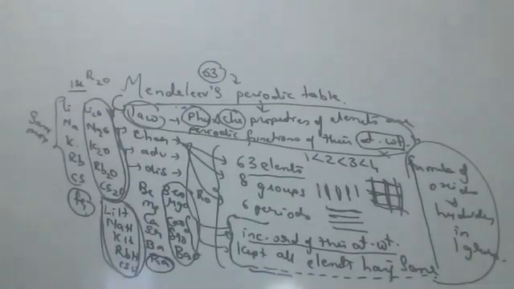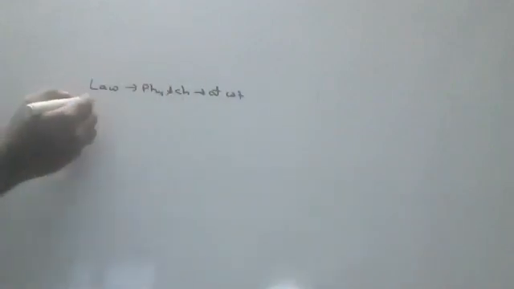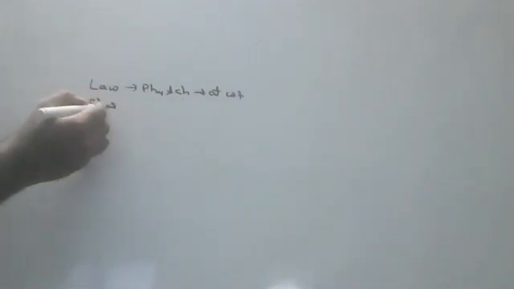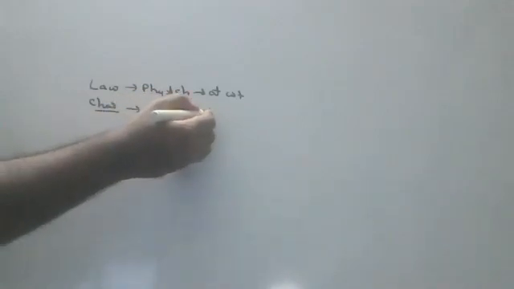Now coming, children, to advantages and disadvantages. Very important. What are the advantages? First I told about the law. I said that physical and chemical properties of elements depend upon atomic weight. And characteristics: how many characteristics did I tell, children? 5. 63 elements are there, 8 groups are there, 6 periods are there.